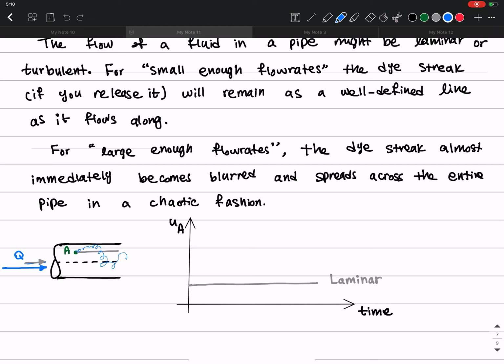So for a turbulent flow, the initial velocity is higher, but it is also chaotic. So we have some chaotic behavior. So for this, we call this turbulent.